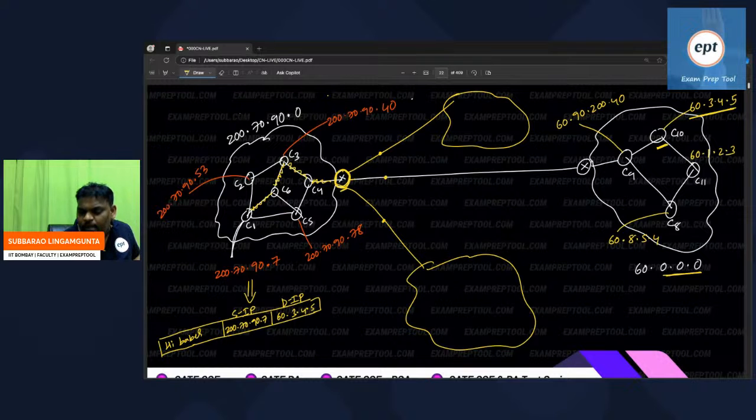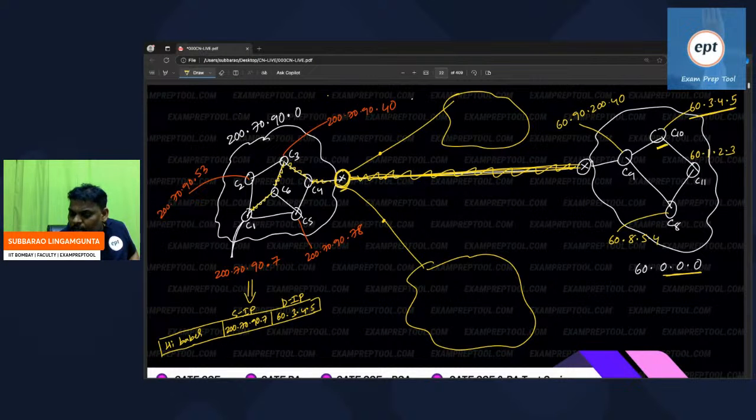According to that calculation, the router gets to know your packet should go this path. So this packet is going like this.